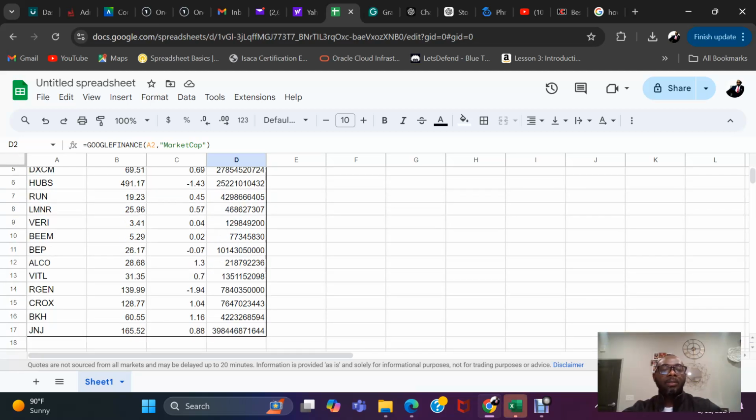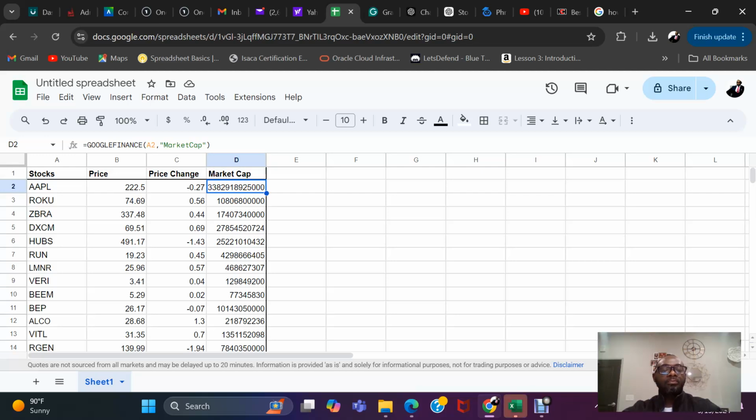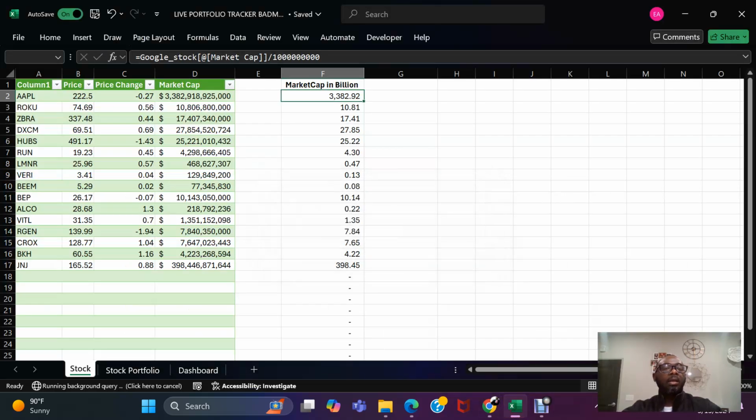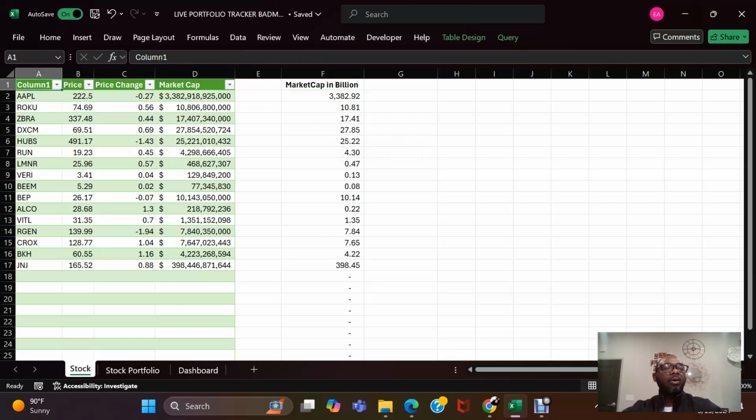Then I exported the Google Finance sheet into an Excel spreadsheet where I did all my other calculations. So let me take us to that sheet right here. This is the Google Finance sheet showing the column for all my stocks, the price change, and my markup.